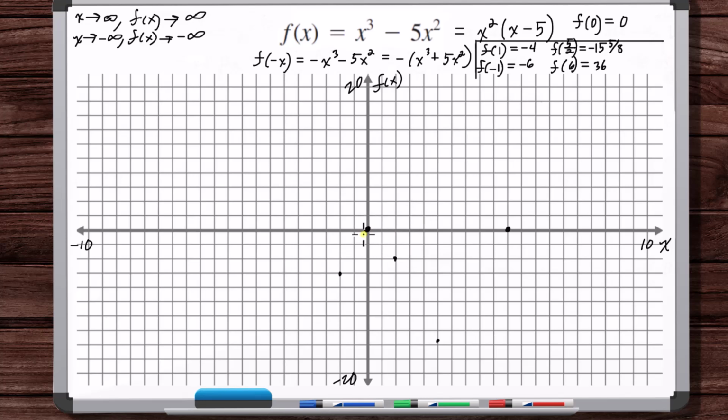But okay, so we can actually, let's do this first. So it's going to touch the graph here and then do like that, and then this will, could do that. Yeah, I probably could have drawn this a little steeper, but that's good.